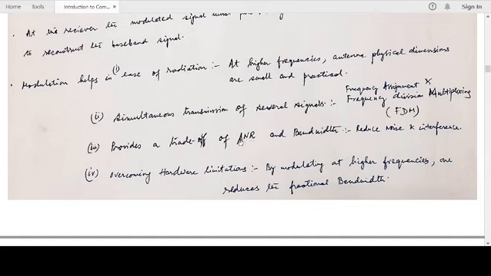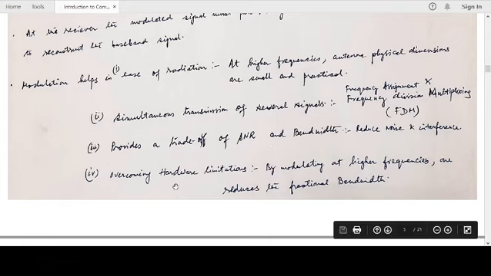I can trade off between SNR and bandwidth. I can improve upon SNR and reduce my bandwidth. I can do vice versa, increase bandwidth for the case where the noise is very high, and henceforth I can play around with the process to reduce the effect of noise and interference. So modulation helps us in trading off SNR and bandwidth.